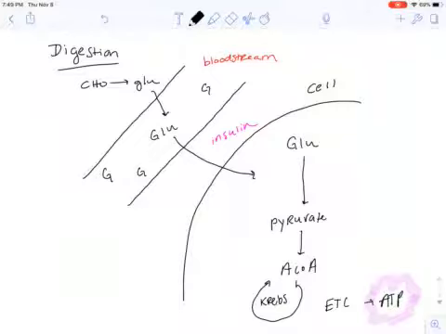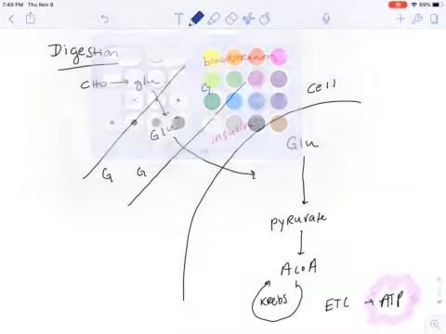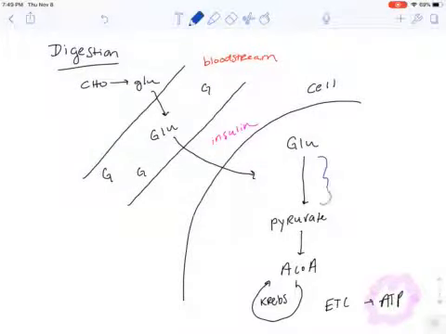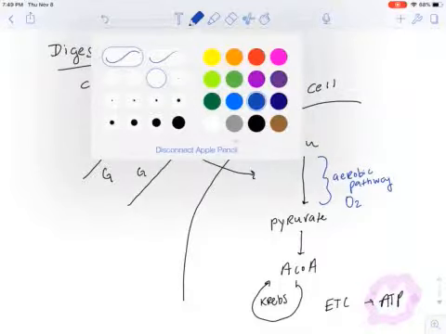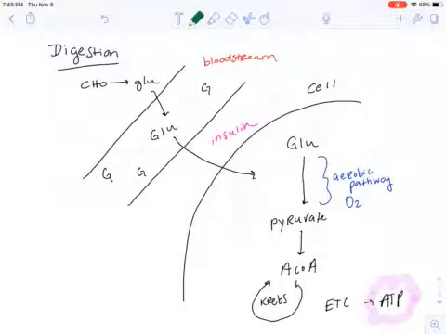Now, something that's important to note here is this is going to be the aerobic pathway. So aerobic pathway, that means oxygen is present. Now, when oxygen is not present, glucose actually becomes lactic acid.